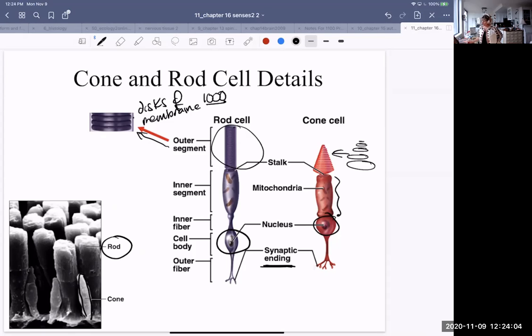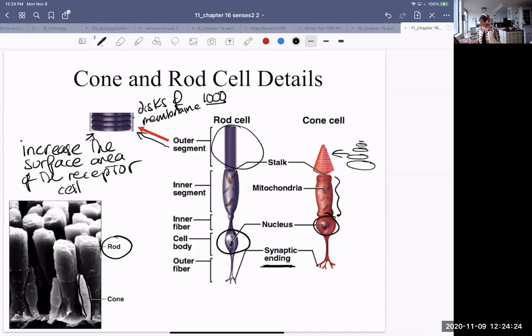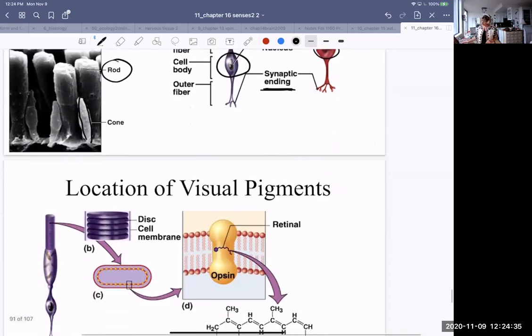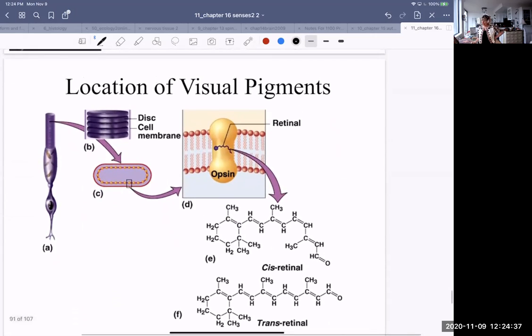So what the discs do overall is they increase the surface area of the receptor for pigments. And where are these pigments, you ask? They're embedded in the membrane. So here is just one of the discs.